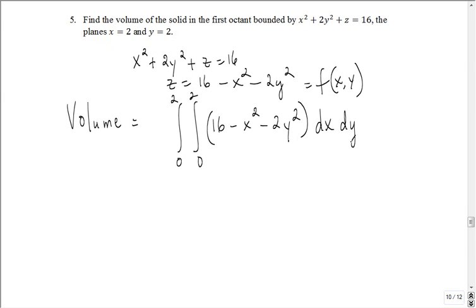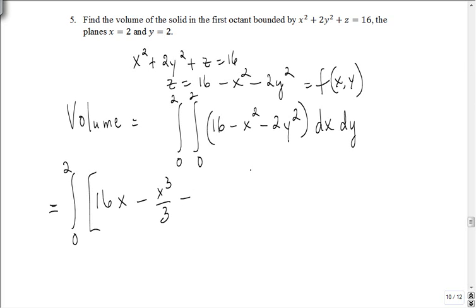Okay, so let's integrate. I'm not going to put the grouping anymore. The integral of 16 with respect to x is 16x. Next one, with respect to x, x cubed over 3.